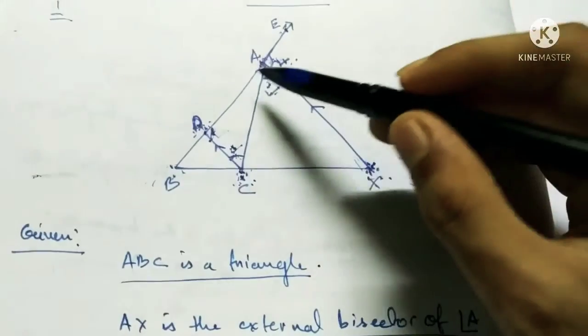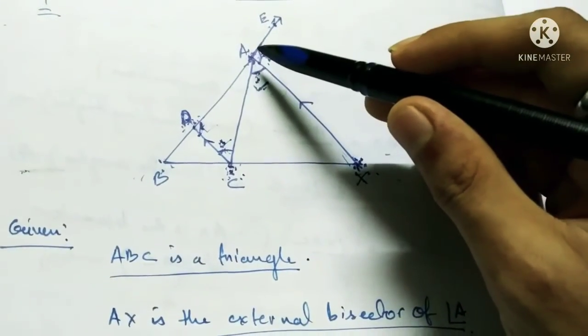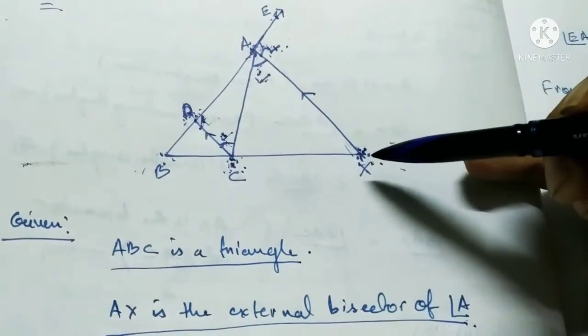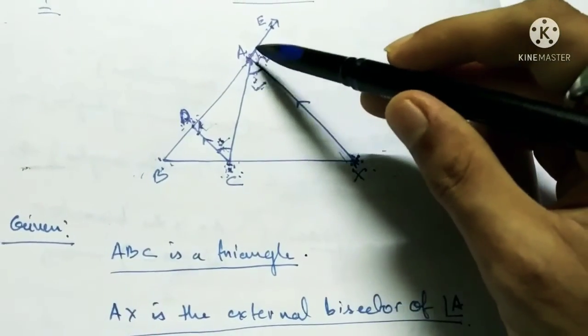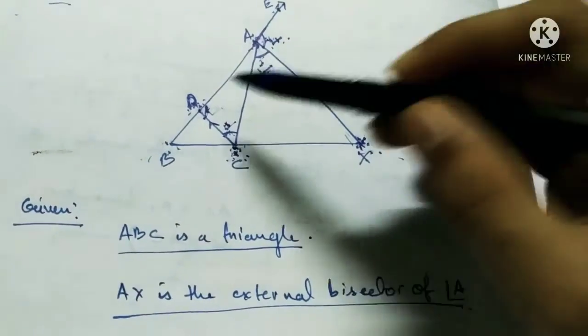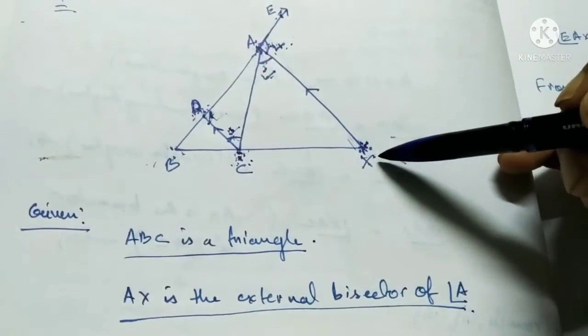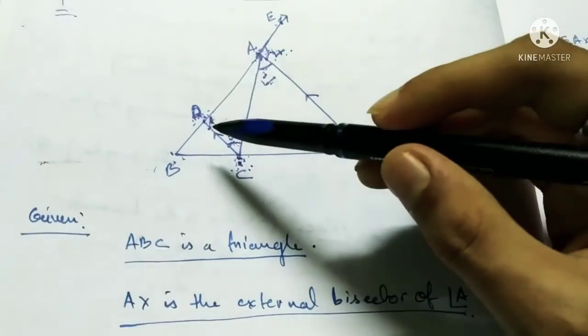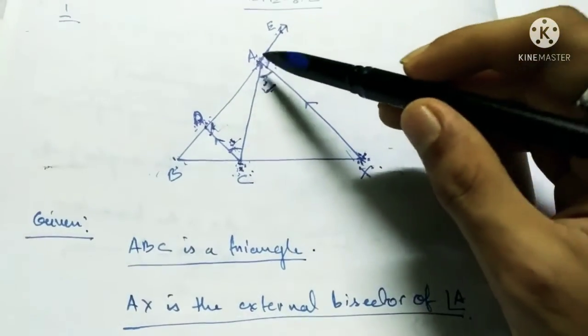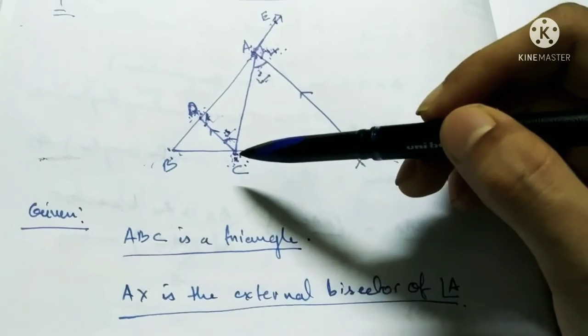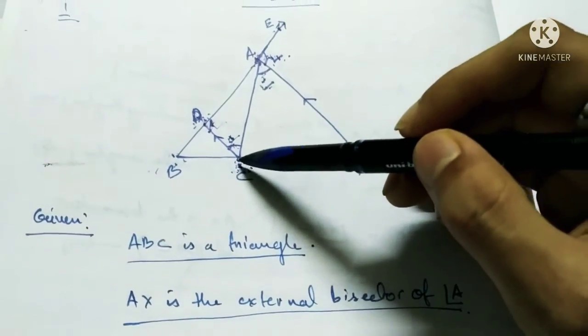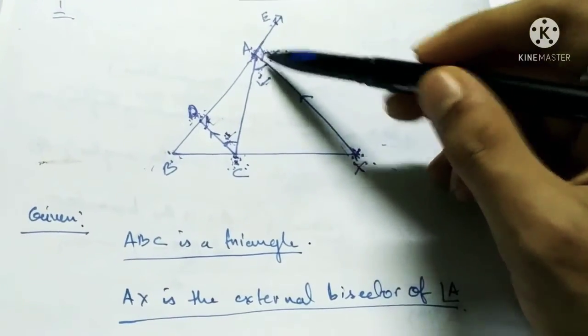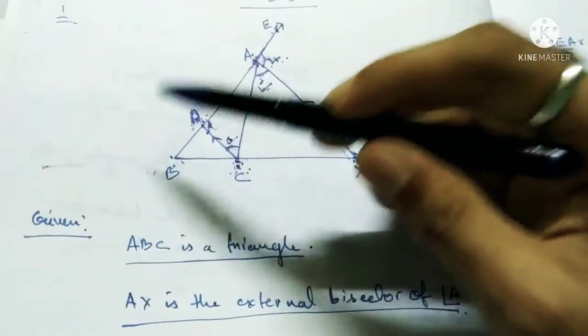Finished? So now ABC is a triangle, and AX is the external bisector of angle A, to prove that BX by CX is equal to AB by AC. Now I will draw CD parallel to AX in the construction.